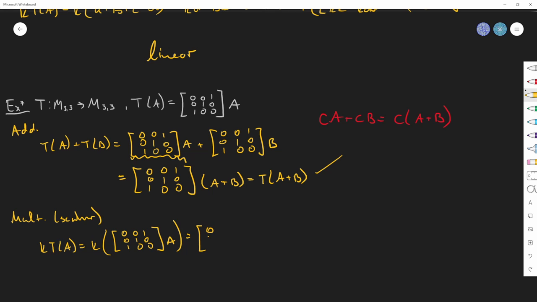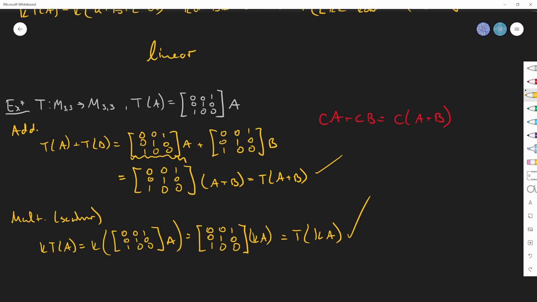We can multiply with either the matrix that we're given or the one I was just writing, but we're going to multiply by the matrix that we are given, because this will just basically be T of KA, which now shows that this is closed under scalar multiplication.